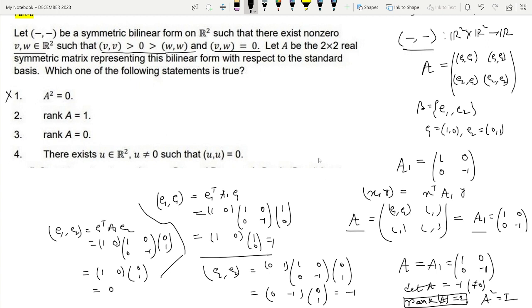Also here rank of A equal to 2, so option 2, rank A equal to 1, is not true in general, and rank A equal to 0 is also not true in general, because we have a bilinear form such that the given conditions are satisfied and these options 1, 2, 3 are not satisfied. So option 4 is the correct option, and we now prove this option.